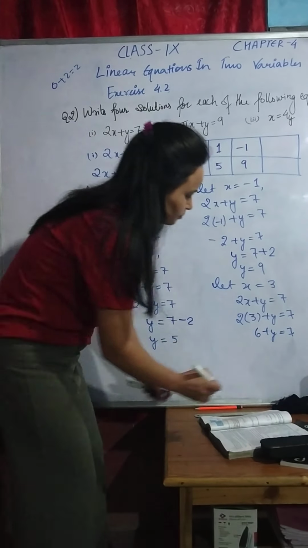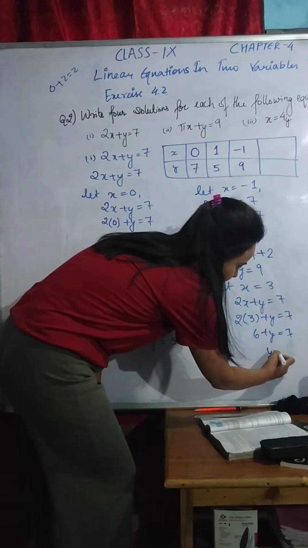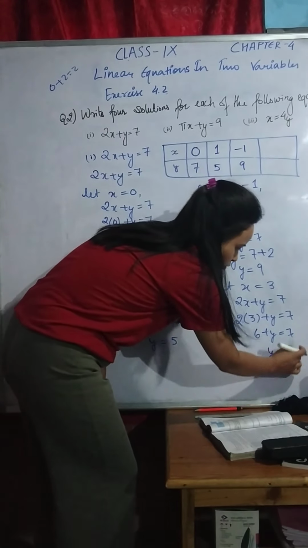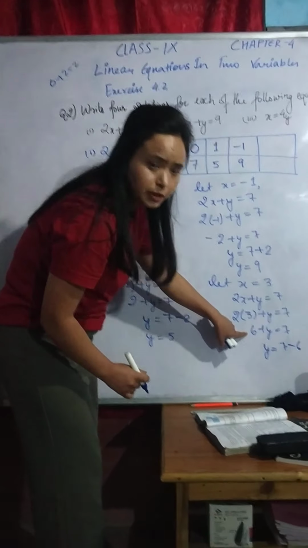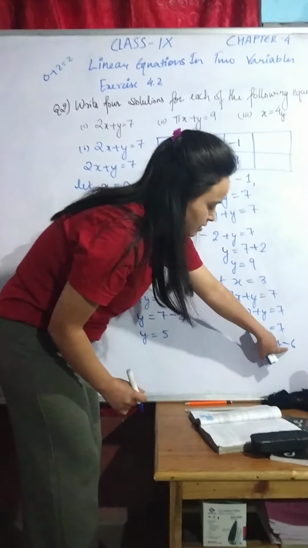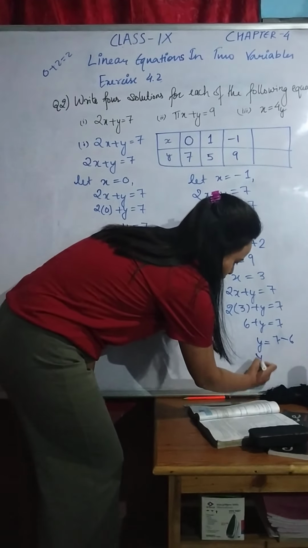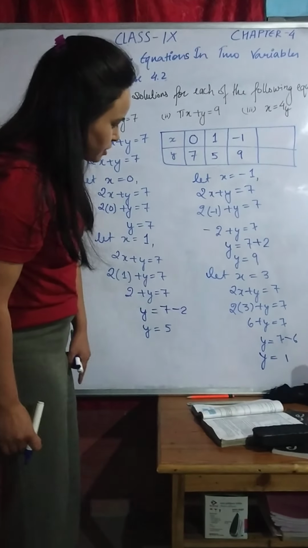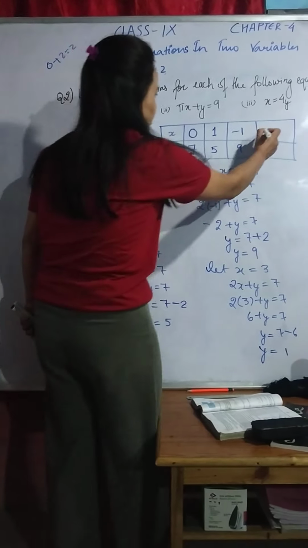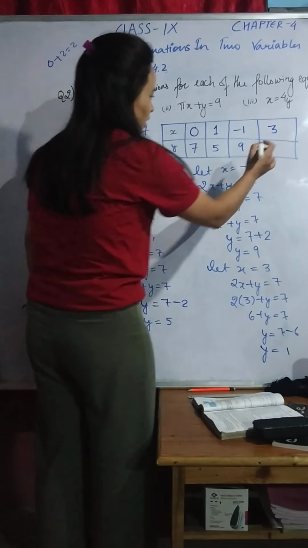Now same thing: write only y on the left hand side and take 6 to the right hand side. This becomes minus 6 because it was positive here and we changed the sides, that's why it is minus 6. Now y is equal to 7 minus 6, which is 1. So when we assumed the value of x as 3, we got y as 1.